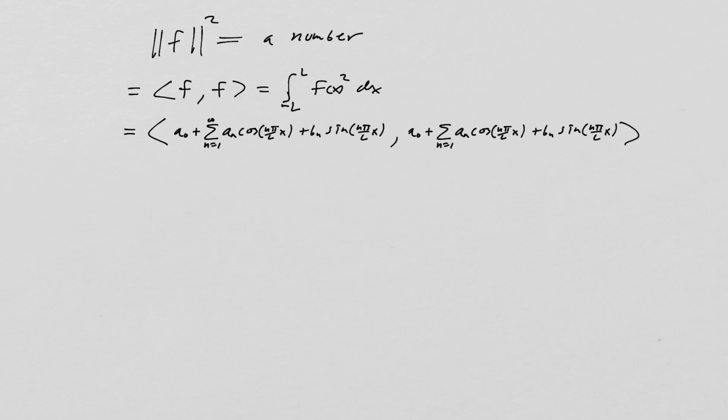Okay, now if I go through the process of finding out what that is, we have to compute all of these different products here. I have to do a lot of cross multiplication, right?